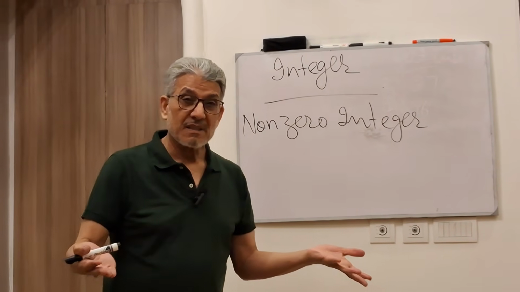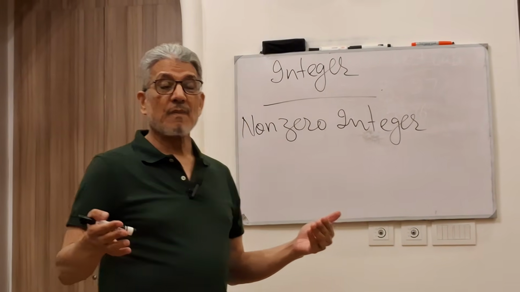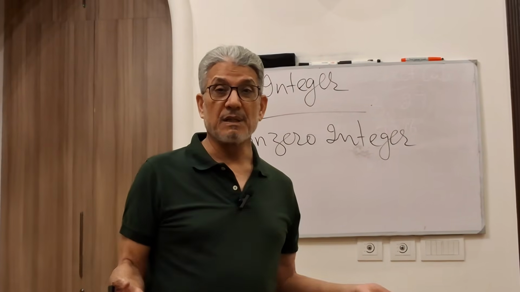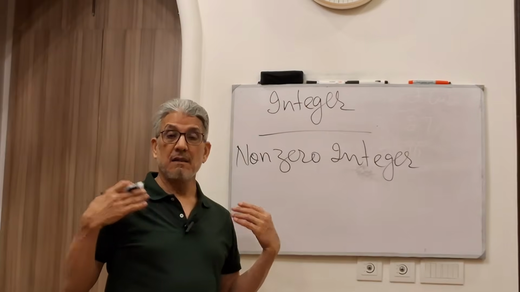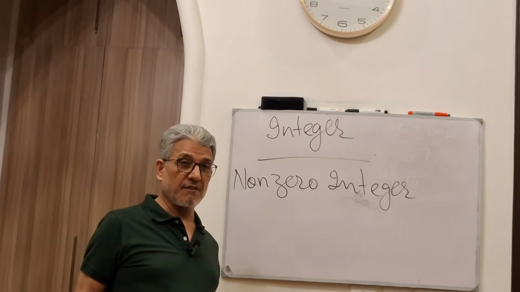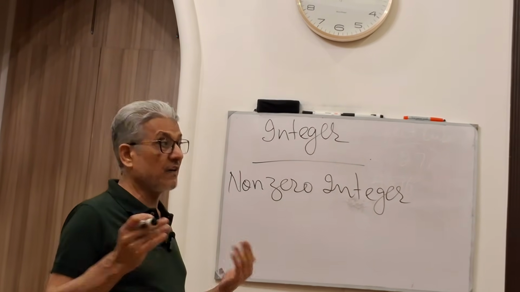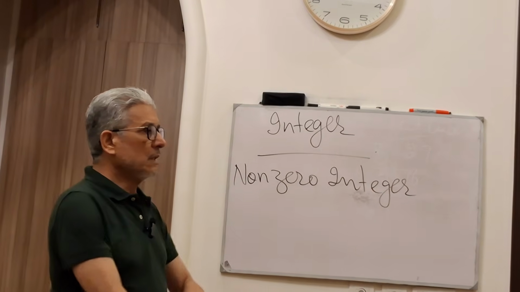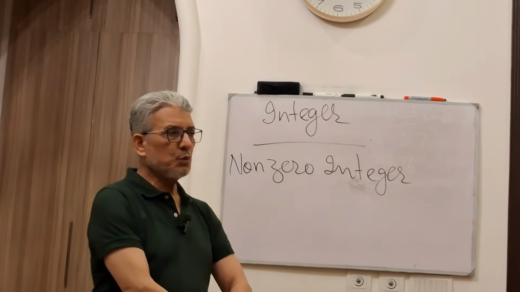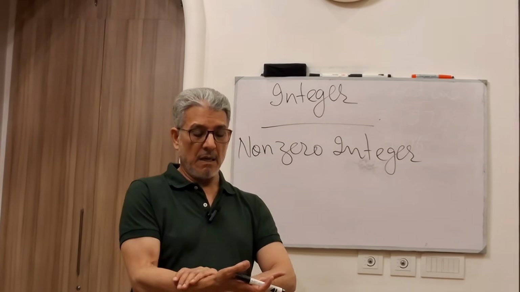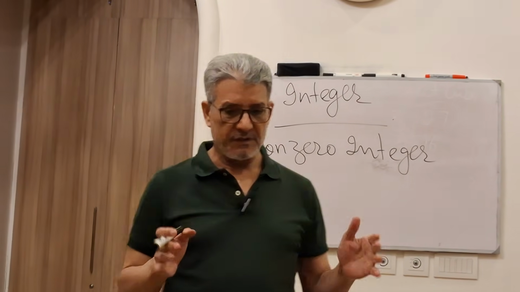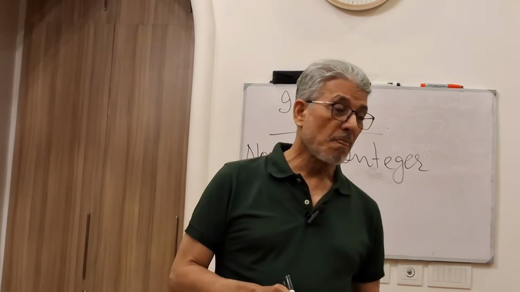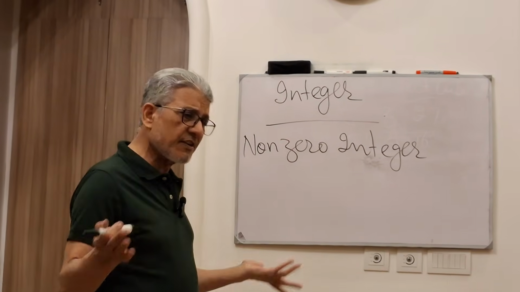Mixed numbers are also rational numbers which are not integers. Percentages are rational numbers because they can be written in the form of a fraction, 35 over 100, I told you. So I hope you must have understood the concept of rational numbers and irrational numbers also.